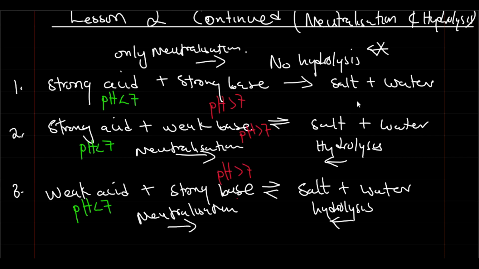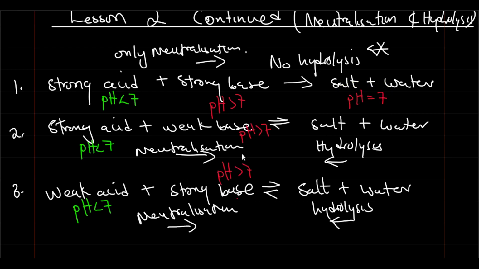It will be equal to 7, which is neutral, because the solution will be neither acidic nor basic, because both the acid and the base produce high concentration, and so now the pH of the final solution will be 7.